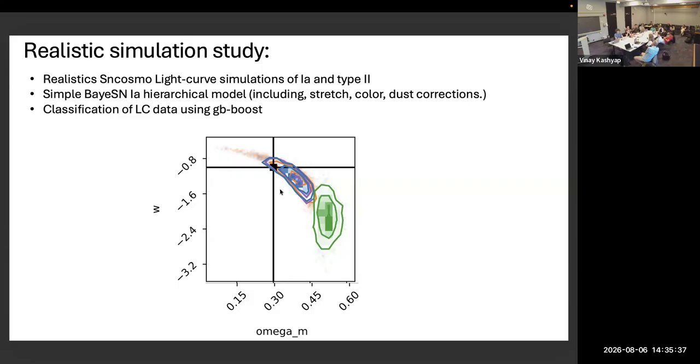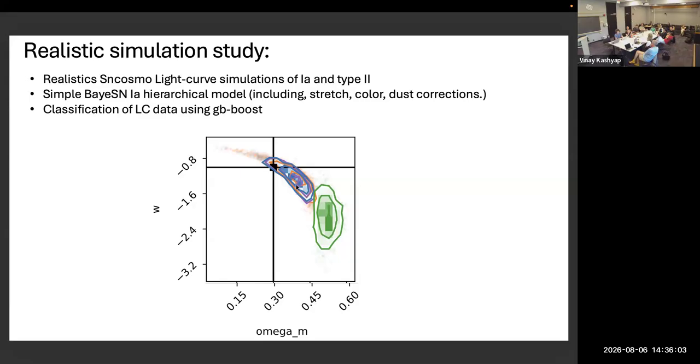But we showed that if you take the full light curve data, which gives you more information about the types, you can be more certain in your 1A model. But you need calibration with respect to the data that you use for the secondary model. So those are some characteristics of the classifier that you need to fulfill. Yeah, I think that's my last slide.